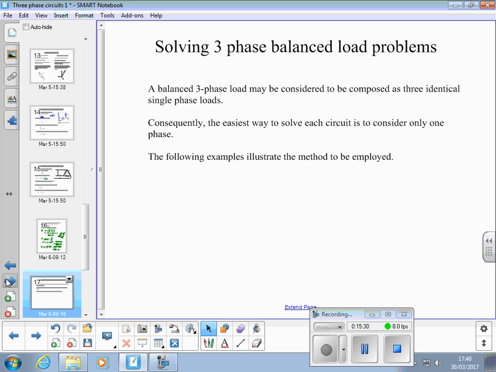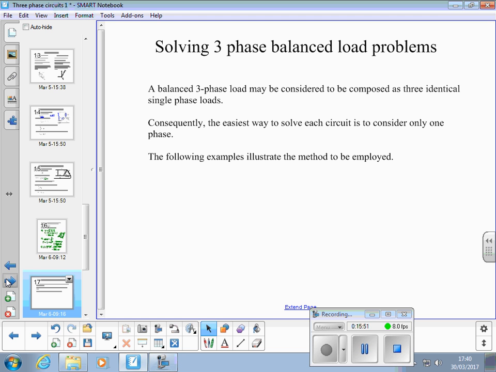So let's have a look at solving three-phase balanced load problems. A balanced three-phase load can be considered to be composed of three identical single-phase loads.